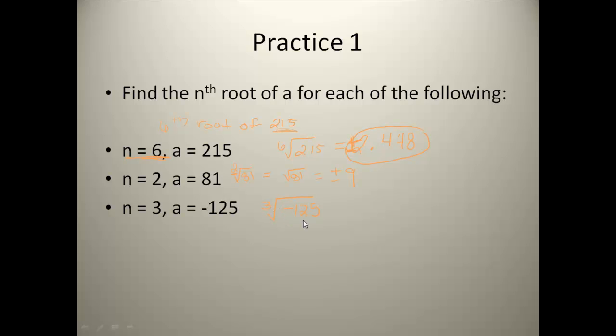So if I look at the cubed root of 125, I see that it's 5. But since I want the cubed root of negative 125, I'm actually going to have an answer of negative 5. So this is an example of where my odd root of 3, my answer matches the sign of my number. So since I had negative 125, my answer was negative 5.